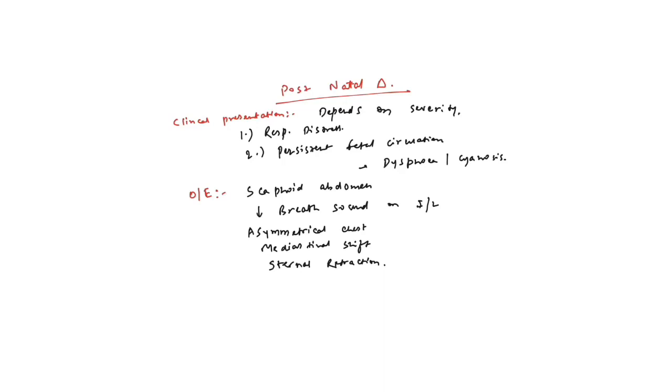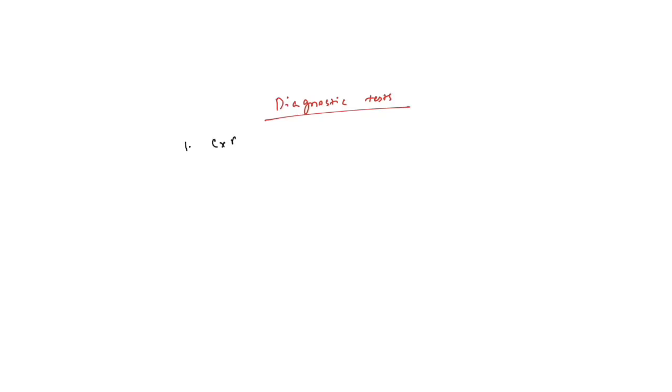So what will be the diagnostic tests we will do? First will be chest X-ray, and in chest X-ray we will see the bowel gas shadow in the thoracic cavity.